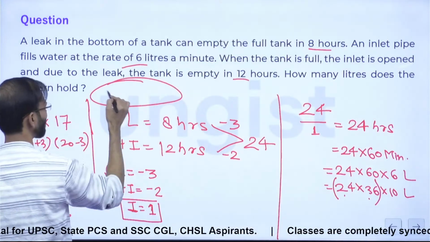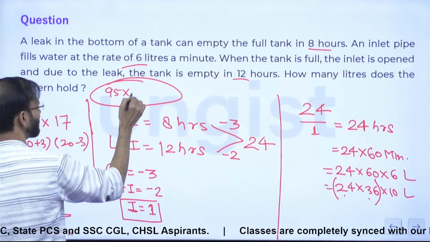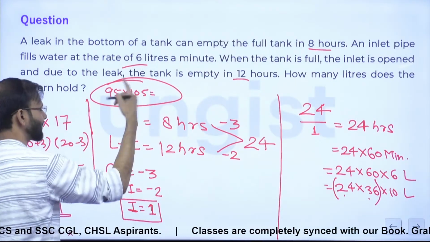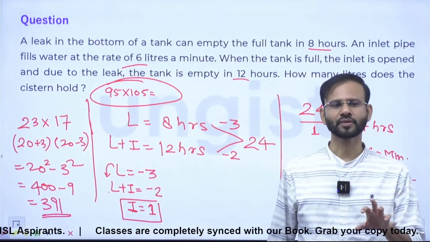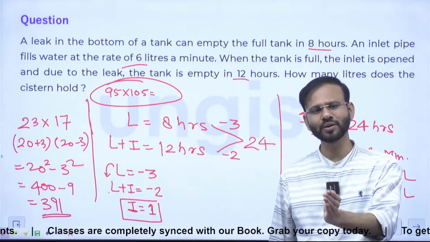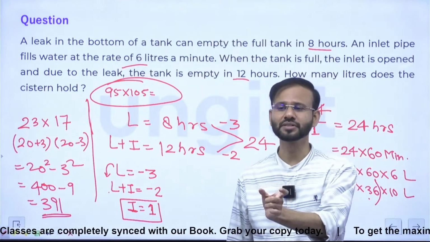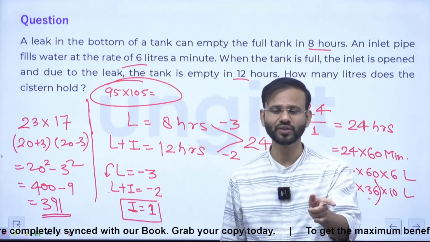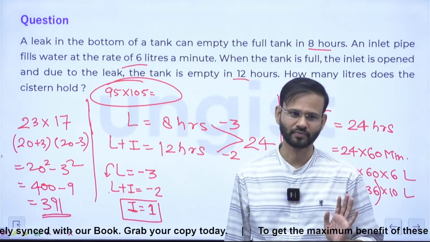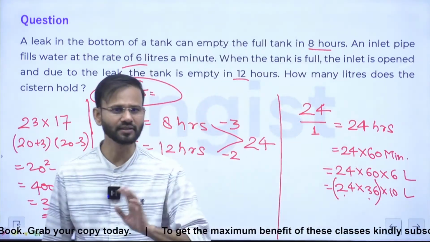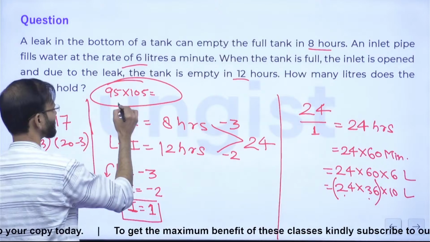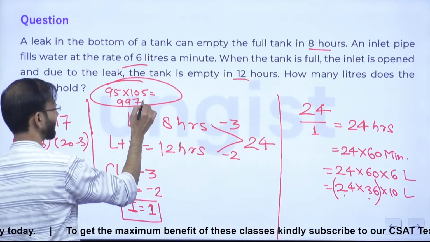Suppose that you have to multiply 95 into 105. Can you tell me the calculation, not the final answer? 100 minus 5, 100 plus 5. So this is 100 square minus 5 square. 100 square is 10,000. 10,000 minus 25, which is 9975. Guys, is it clear?